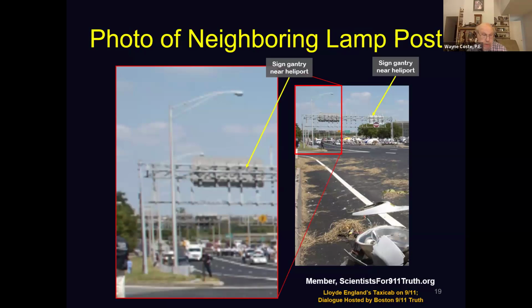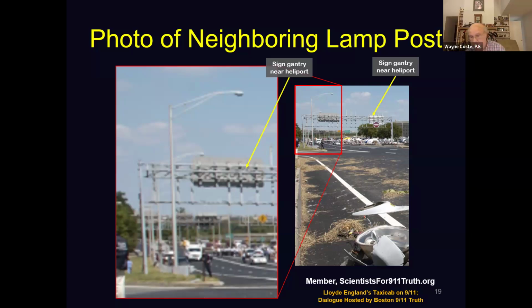Here are the light poles on the left-hand side. These are the lamp posts over the multi-lane highway, Route 27, I guess, Washington Boulevard. You can see they've got a long arm hanging out over the lanes. The one on the right-hand side shows the lamp head of one of them.